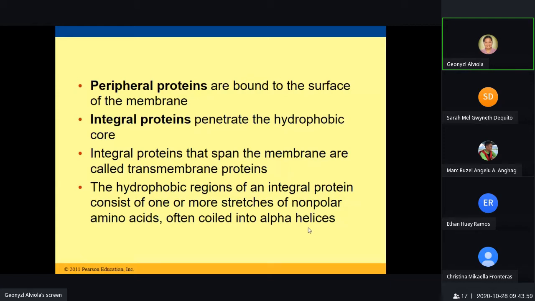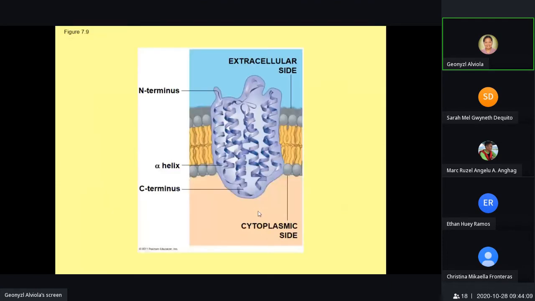The channels in integral proteins are also selective. They only allow certain specific molecules to enter. This is the schematic diagram, probably from an SEM, then they drew it based on what they observed using the electron microscope, showing the appearance of the integral protein.